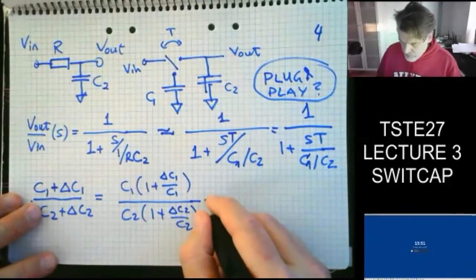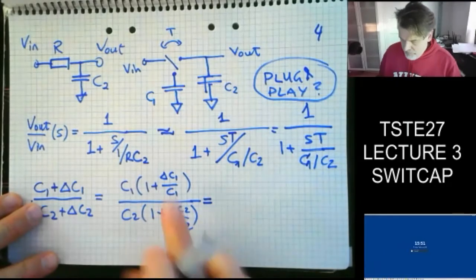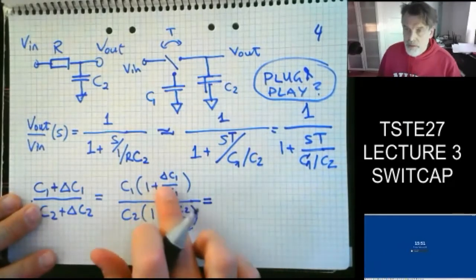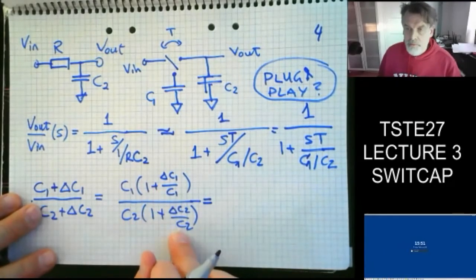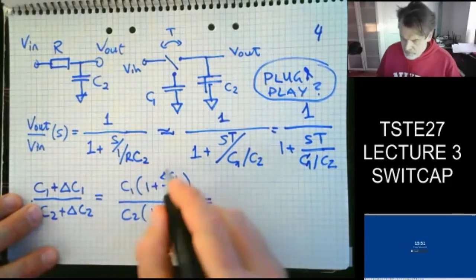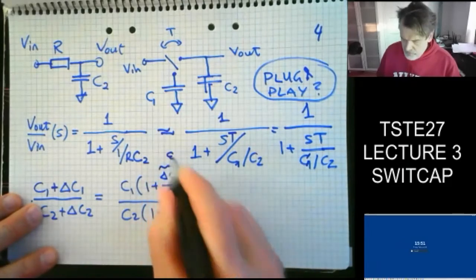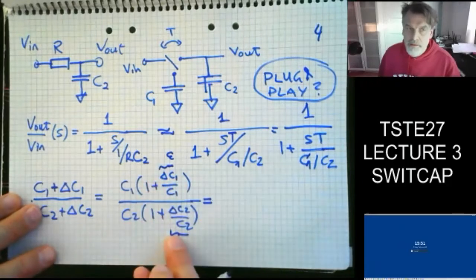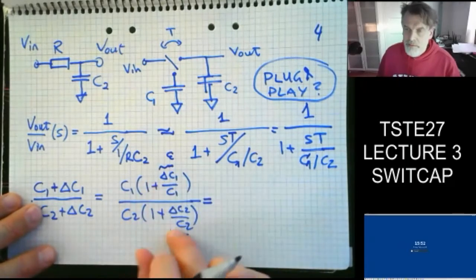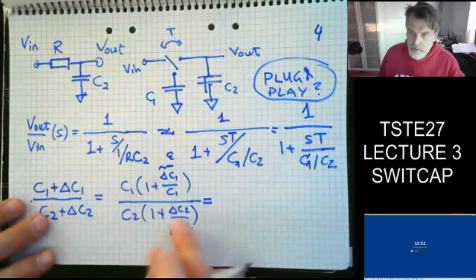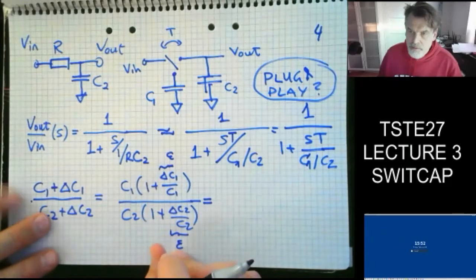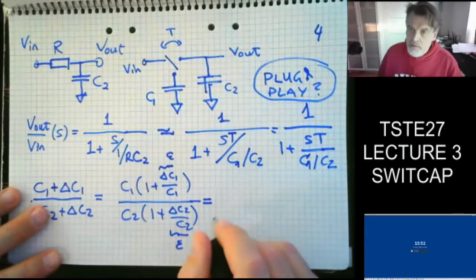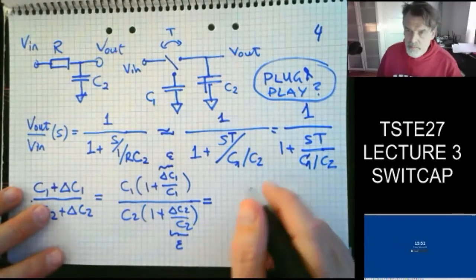And if I look at this, I assume this is my relative error. It's going to be equally large for both types of capacitors, regardless of size. So this is going to be an epsilon, and that's going to be an epsilon. Then I can rewrite this division with the help of Taylor: 1 over 1 plus epsilon is approximately equal to 1 minus epsilon.